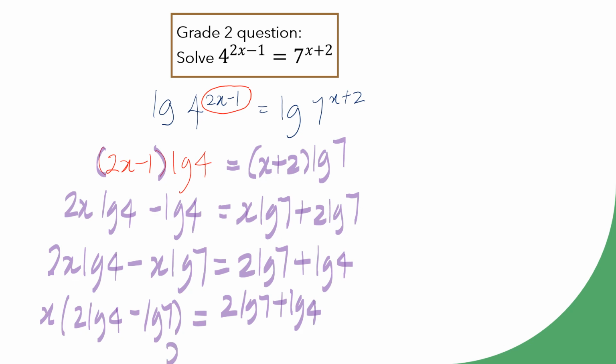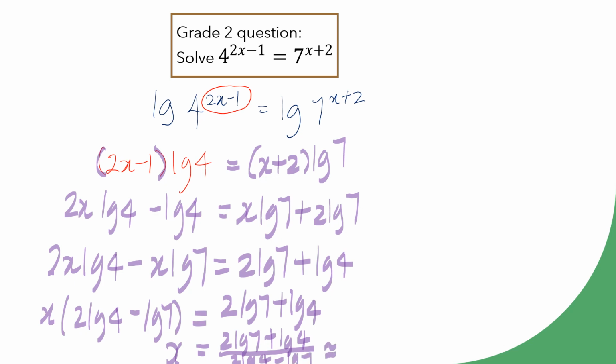And so x will be equal to 2 log 7 plus log 4 divided by 2 log 4 minus log 7.